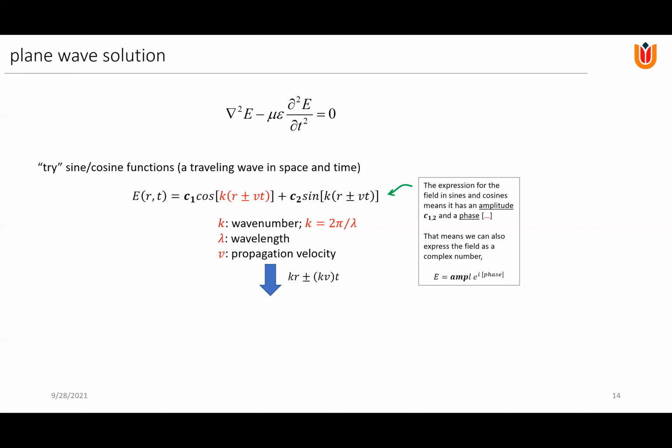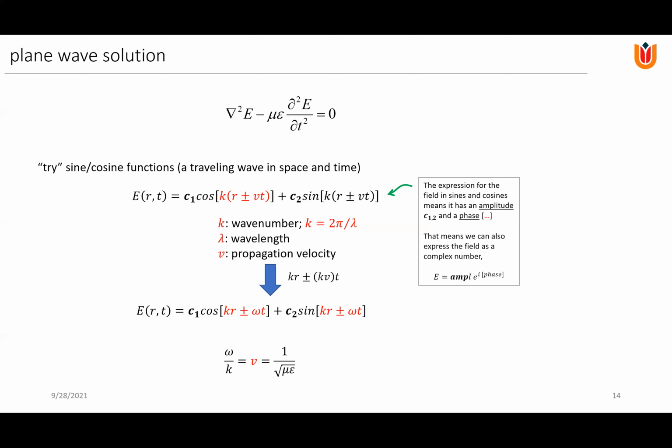Okay, now let's regroup this a little bit so we can bring K into the brackets: K times R plus or minus K times v times T. And rearrange a little bit, introducing a new symbol.